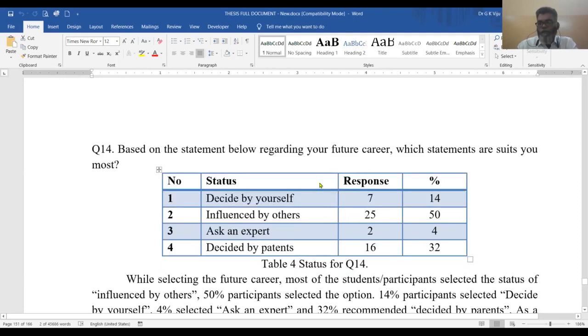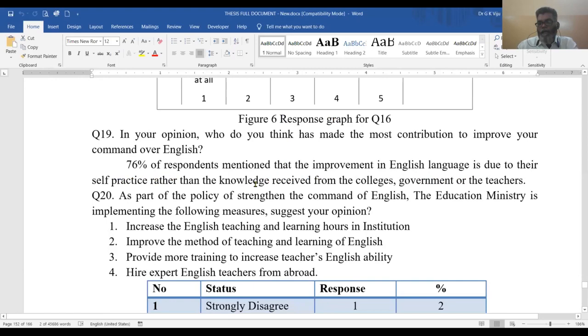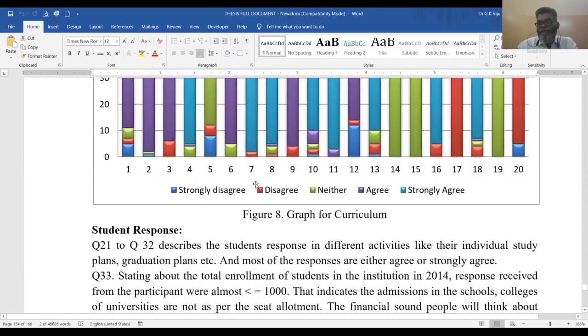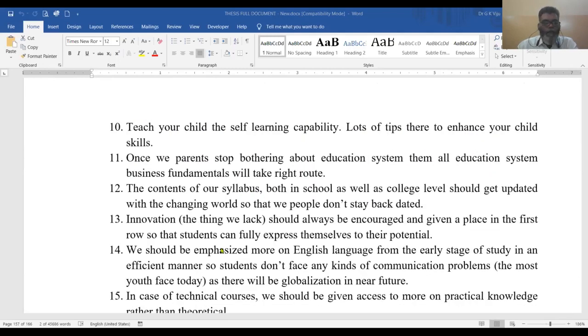See here, this is the graph which I received. Then see another graph, another table, another graph, another table, another graph, like that. In the same way, let me explain one more.